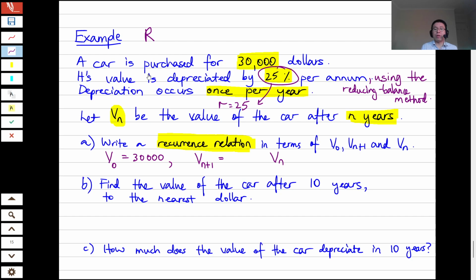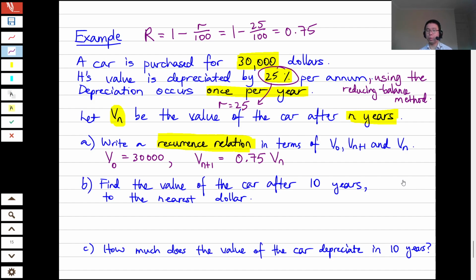And my common ratio, capital R, is going to be 1 minus r divided by 100. This formula is just an application of decreasing by r%, which I showed on the previous page. So in this case, it's going to be 1 minus 25 divided by 100, which is 0.75. So my recurrence relation is going to be V0 equals 30,000 and Vn plus 1 equals 0.75 times Vn.